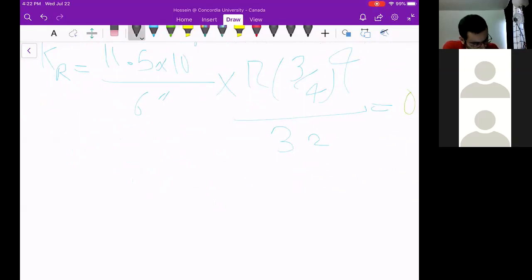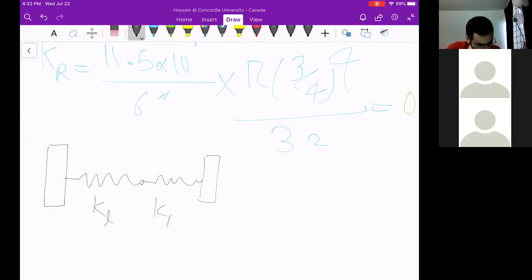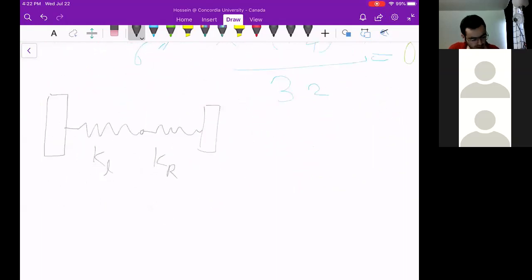we are basically dealing with 2 torsional springs which are attached together, and there are 2 discs, right? If we could simplify this system by just 1 spring, our calculation toward finding the natural frequency would be easier.